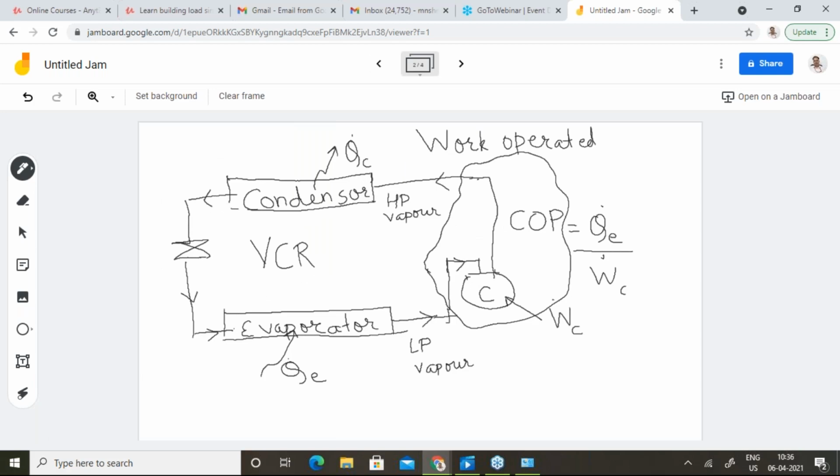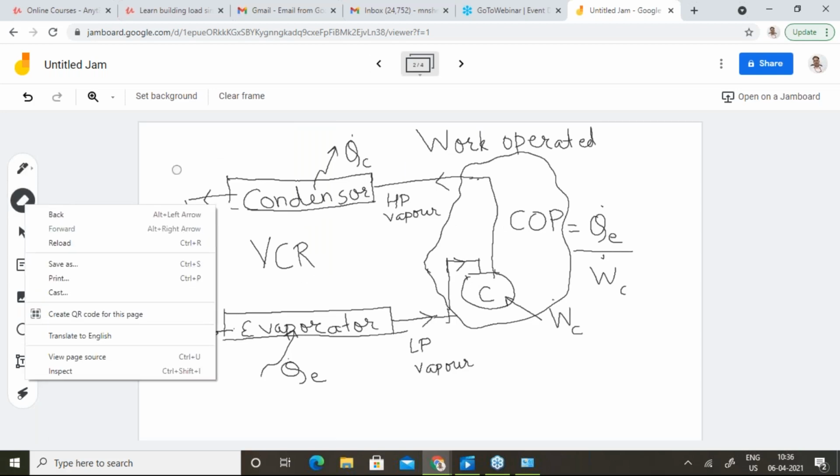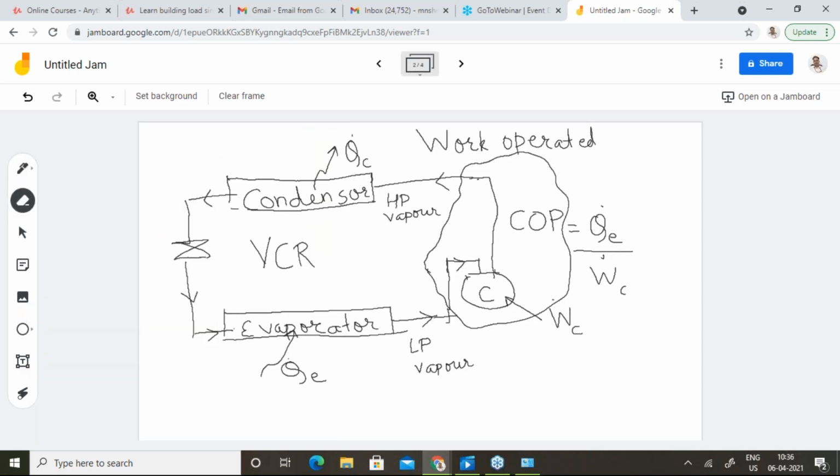I would be rubbing this, and instead of using a compressor, I would be replacing this compressor with three components. If I achieve this, and if I'm able to convert this low pressure vapor to high pressure vapor, then that technology would be called the vapor absorption technology.